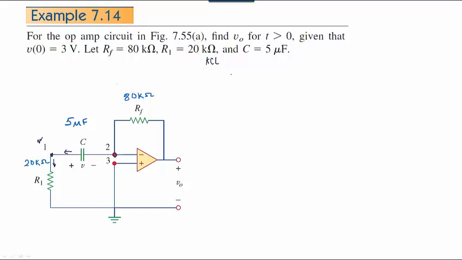So current out of the node would be V1 over R1, and it has to equal current into the node, but being consistent with our arrow directions, that's actually this voltage minus this voltage, and then the current there.